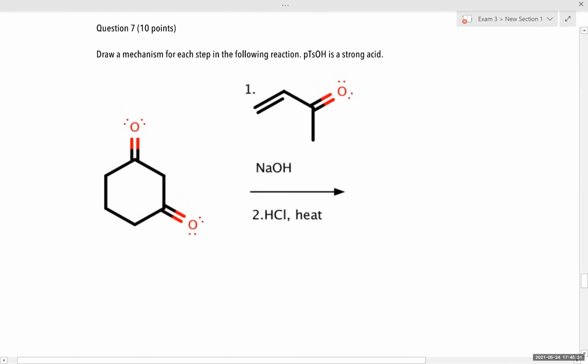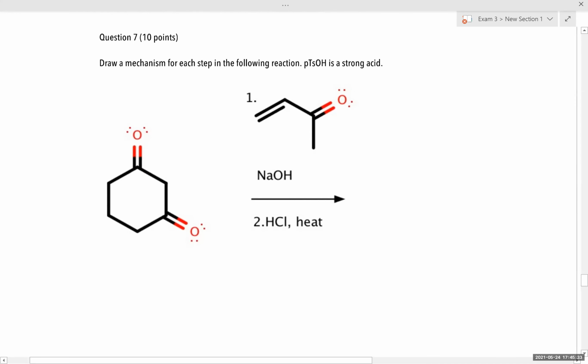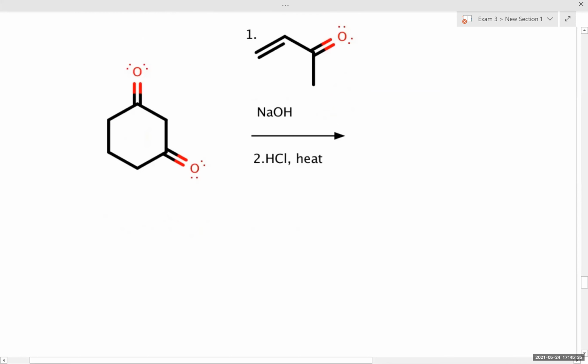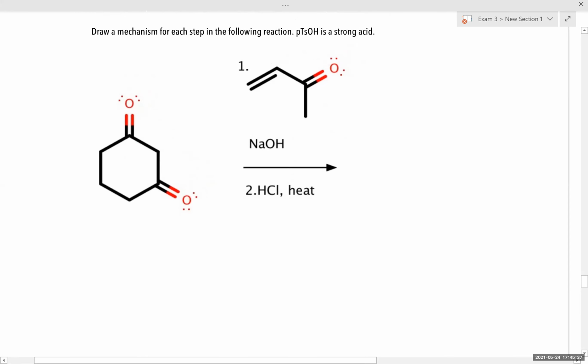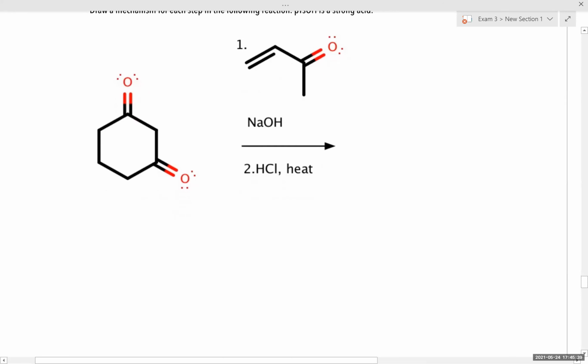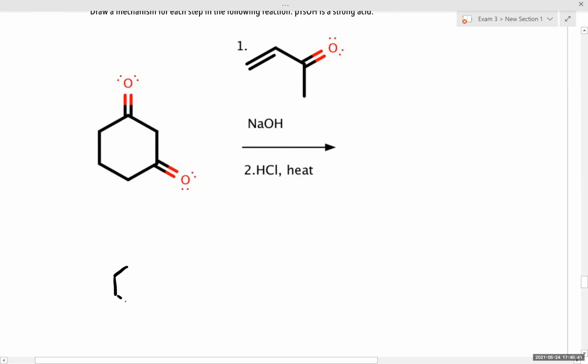In this case, we're asked to draw a mechanism for the following reaction. So we have a diketone and an enone. These are textbook conditions for a Robinson-like annulation.